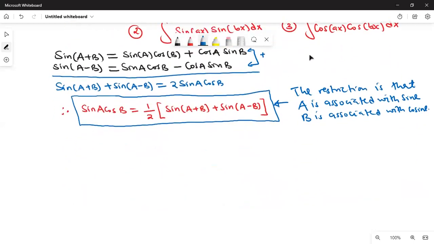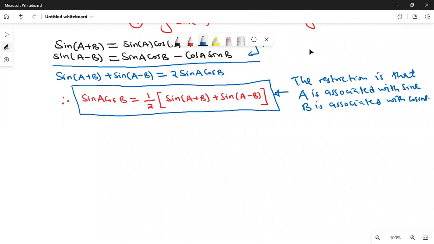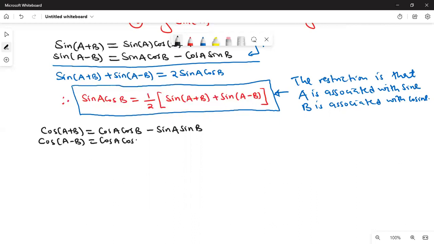Another identity that we require is this one. We also know that cos A plus B is the same as cos A times cos B minus sine A times sine B. Also, cos of A minus B is the same as cosine of A times cosine of B. Now the sign there is a plus.